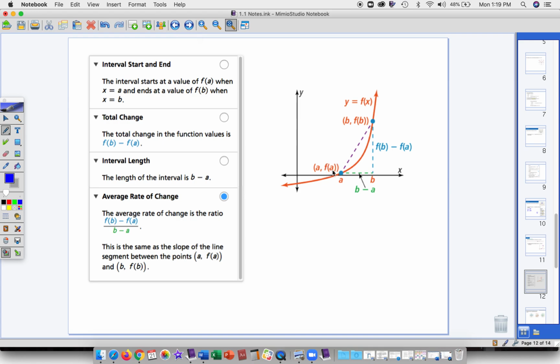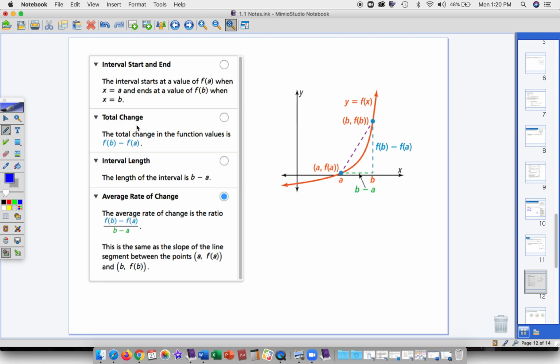It's called f of a, which, remember, function notation is a replacement for y. This means the y value when x is a. F of b for this point means this is the y value when x is b, whatever value that is. So the interval starts at f of a and ends at a value of f of b.